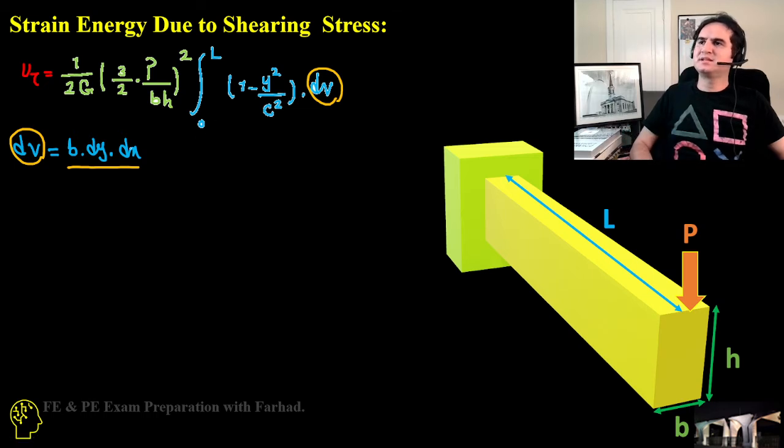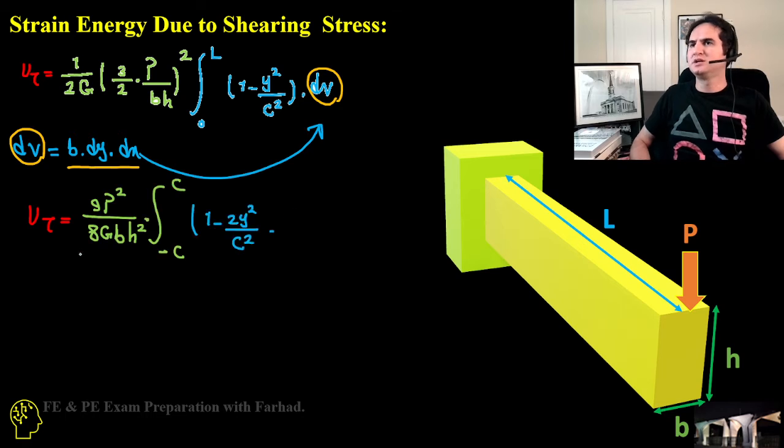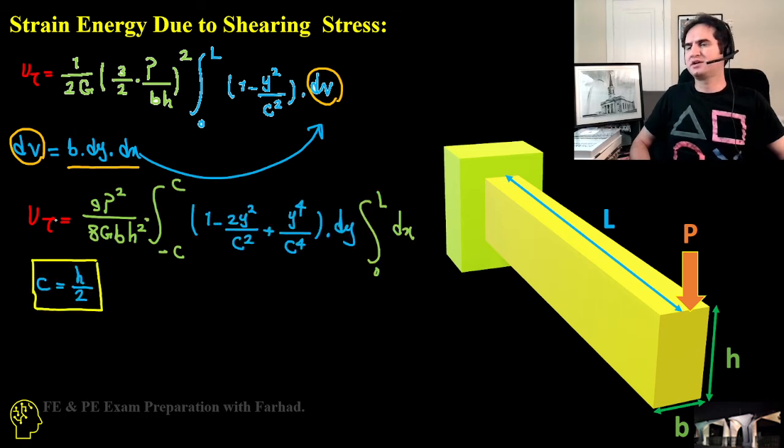If you want to calculate an element of volume, that's thickness times height times width. If you replace this in the main equation and again take the constant out of the integration, it's the integration from minus c to c of 9P squared over 8Gbh squared, which is the constant. Here c is halfway through the height, so we integrate from minus c to positive c.